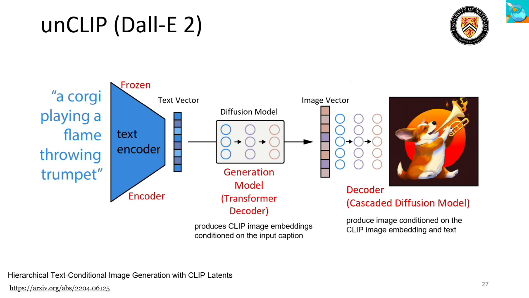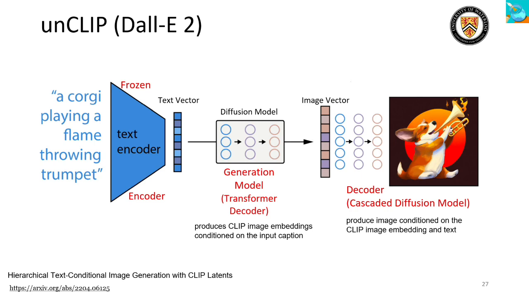In detail, the text was fed into the text encoder, such that the text vector was obtained. Then the text vector is passed into the diffusion model, which in this case is, instead of a U-Net, more like a transformer decoder structure. The diffusion model produces the CLIP image embeddings conditioned on the input caption.